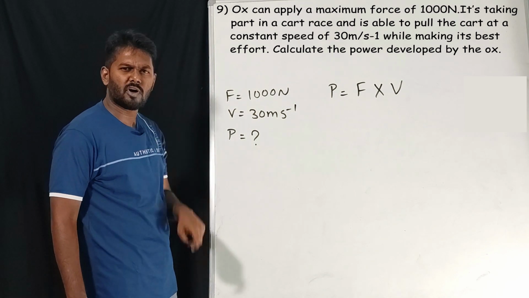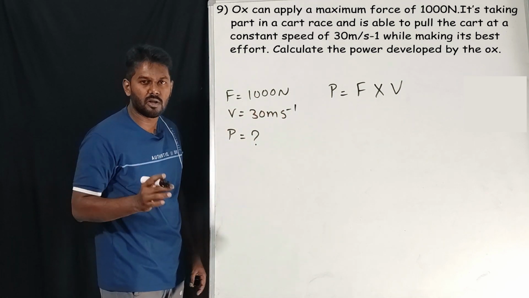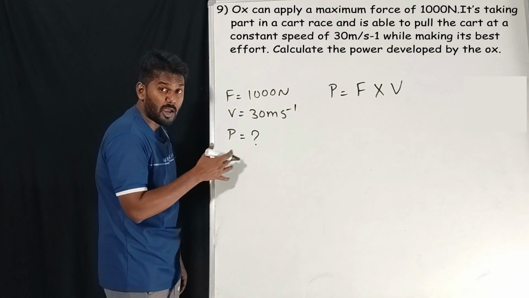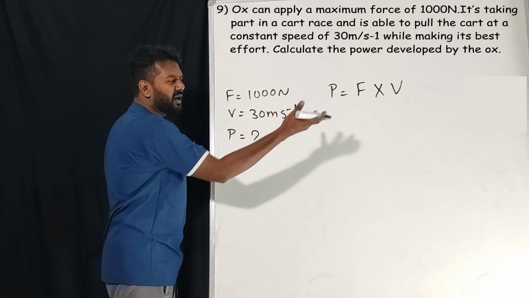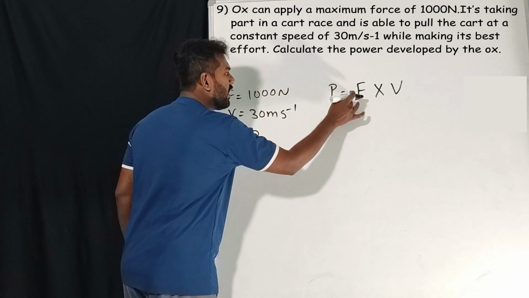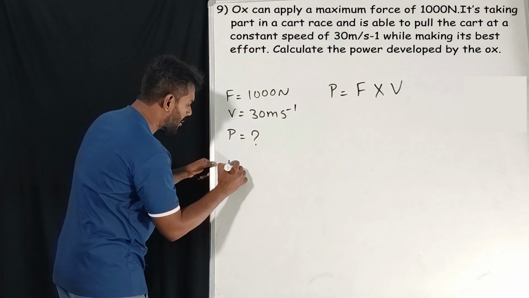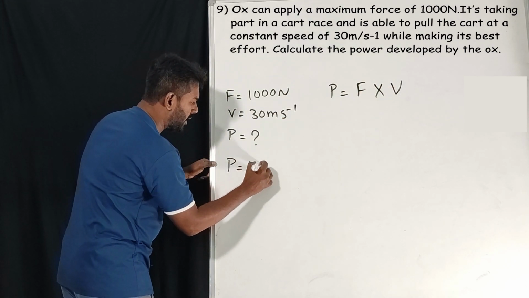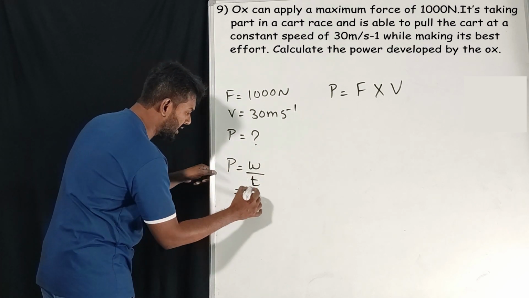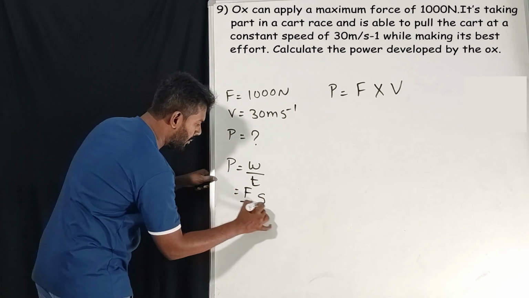So how did we get this formula? How we got this formula is not required for this question. For your understanding, I will teach it here, but you don't have to write it in the exam. You just substitute the values and get the answer. Listen, very simple. Power is equal to work done by time. This is the original formula. Work done is equal to force into displacement, divided by time.